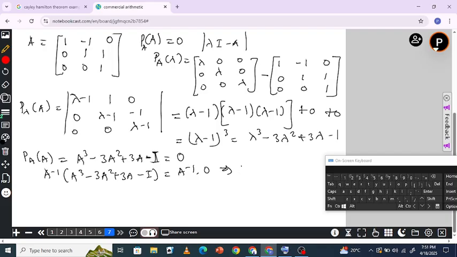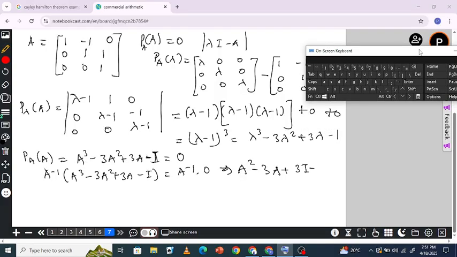That gives you A squared minus 3A plus 3I minus A inverse is equal to 0, because here it's I, since A inverse times A will always give you the identity matrix.